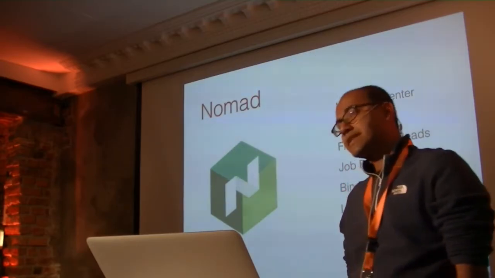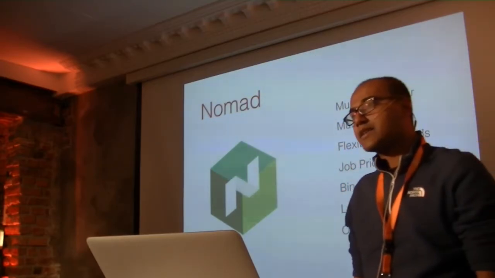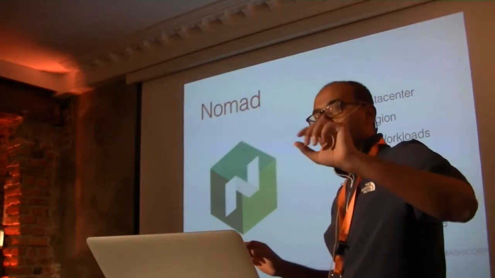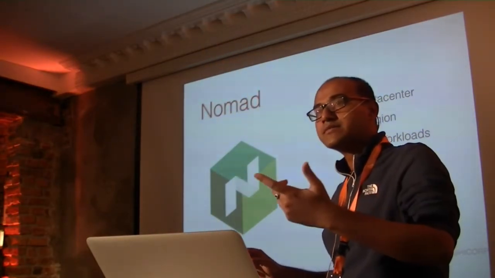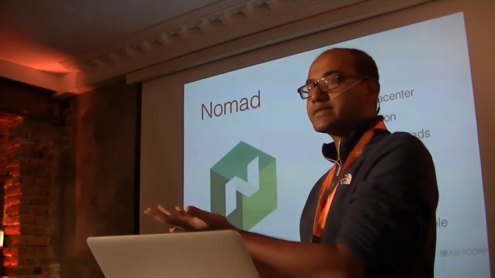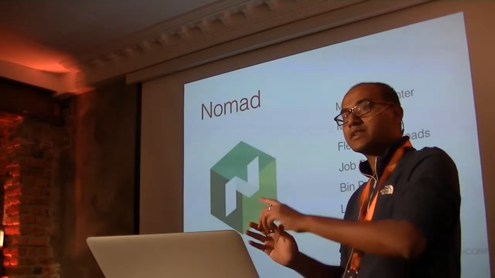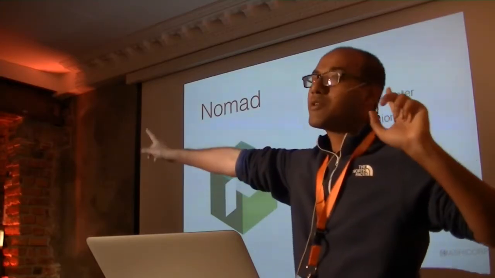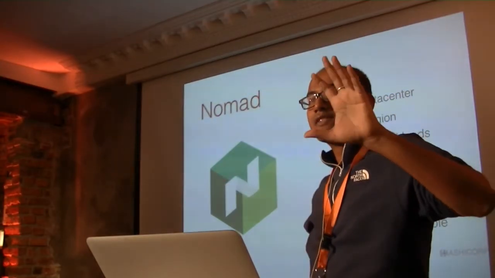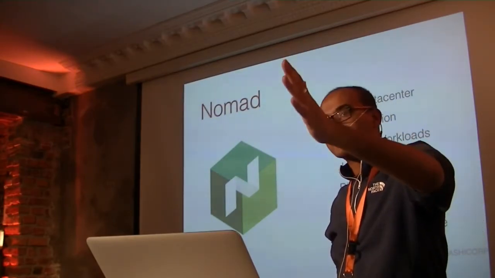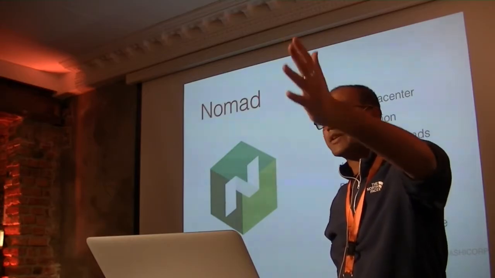It's multi-region aware. What it means is that if you are on AWS, in AWS terminology, an availability zone would be a data center, and an AWS region would be a region. So you can say that I want Nomad to be running in every region, but each Nomad region should also know about the other regions. You can have a control plane which is scheduling jobs on Nomad, asking Nomad to run a particular job.